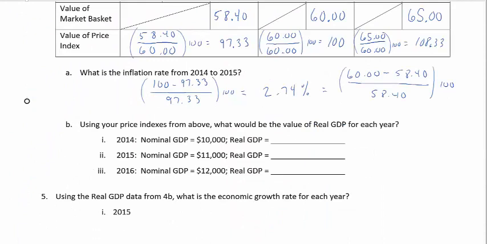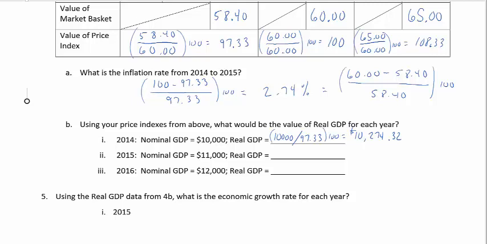So we're going to take for 2014, we're going to take the nominal GDP of 10,000 and we're going to divide by the index that year of 97.33 and then multiply by 100. So let's see what we get. 10,000 divided by 97.33, we get $10,274.32. That would be our real GDP.